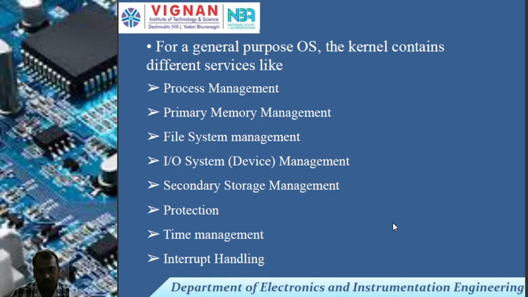But we also need secondary storage memory management, which means we can use a hard disk, pen drive, and so on, and it stores the data in secondary storage. It will manage that memory: if you have 1 GB, it will manage the 1 GB of data. If you create different files, it gives each file sufficient storage.